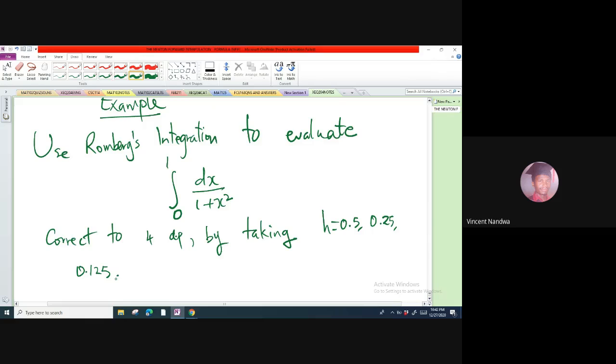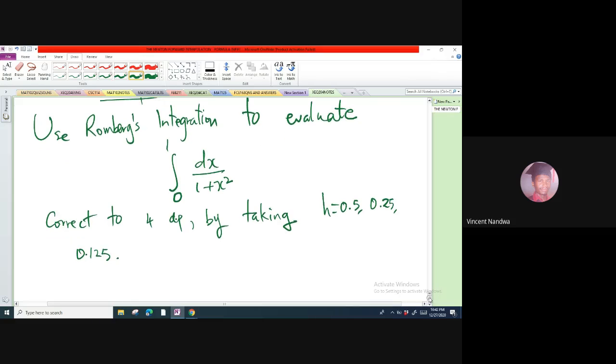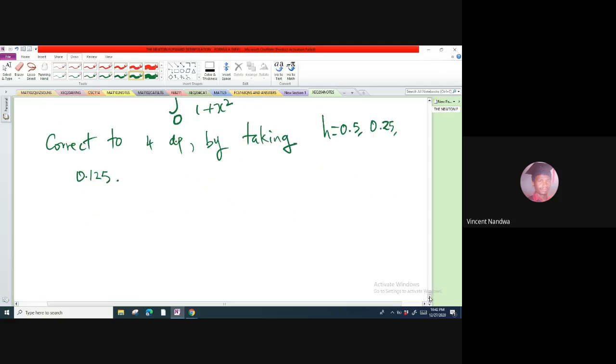In this example, we are going to see how you need to define those I values.